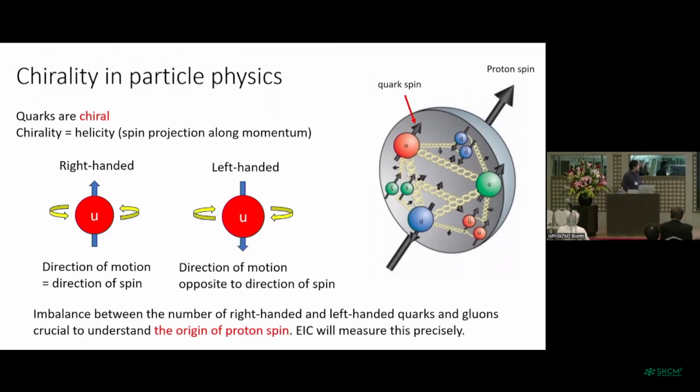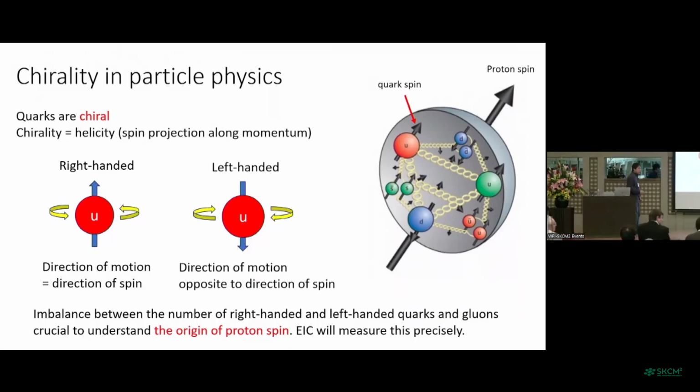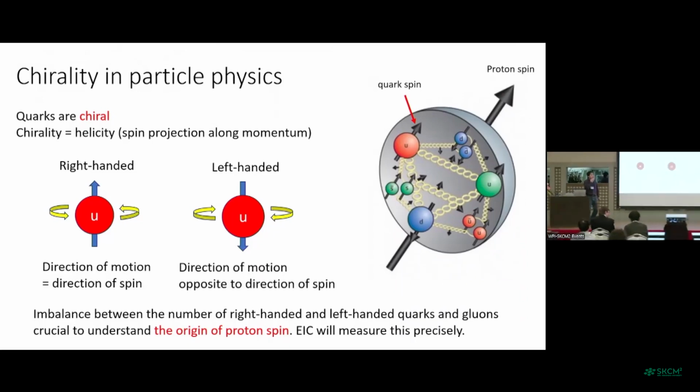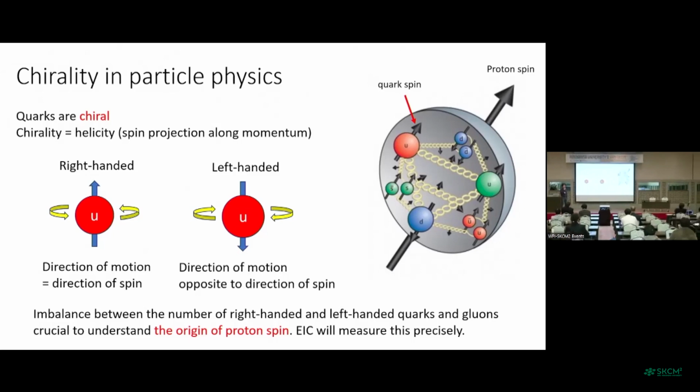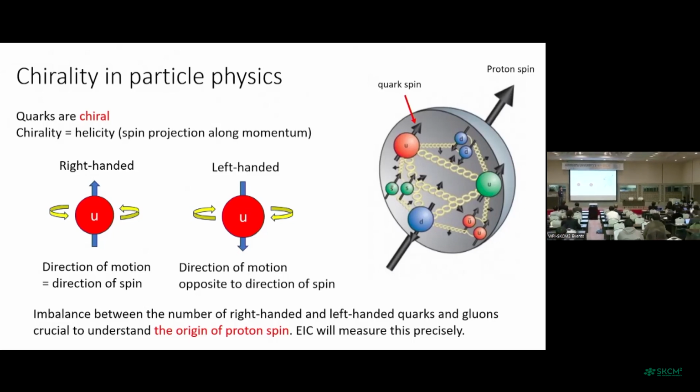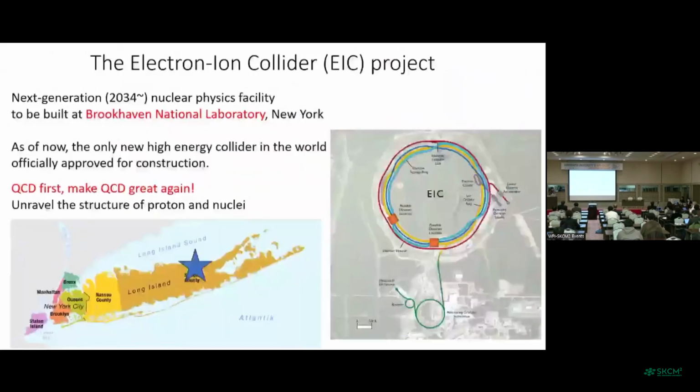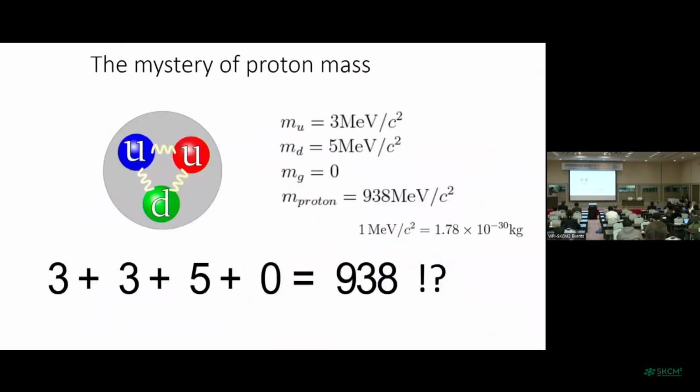Sorry, I just don't understand, maybe I missed it. How can quarks be massless unless the nucleus is moving? Well, the quark mass is very small. As I mentioned, it's only 3 MeV, so you can approximately treat it as a massless particle.